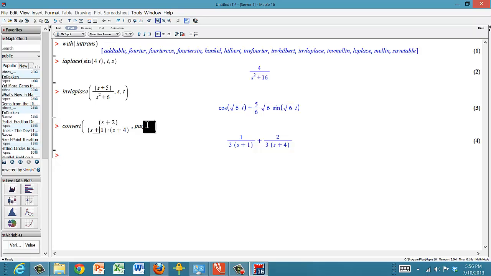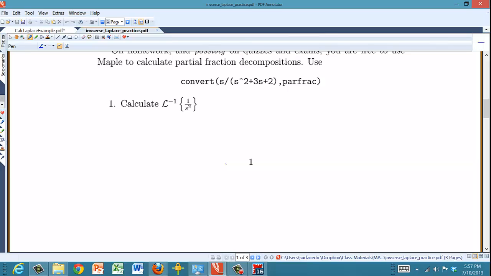If you had written down here s squared plus 5s plus 4, which is just what I had there but expanded out, then Maple would do the exact same thing for you. Either way is fine. Okay. So let's get to calculating some inverse Laplace transforms.